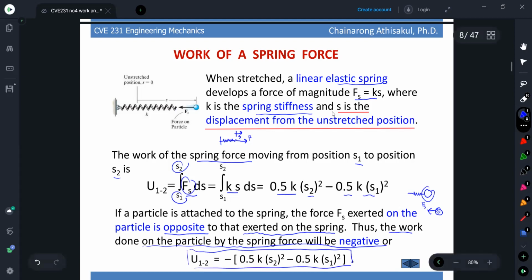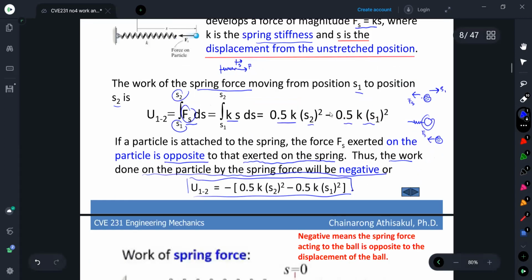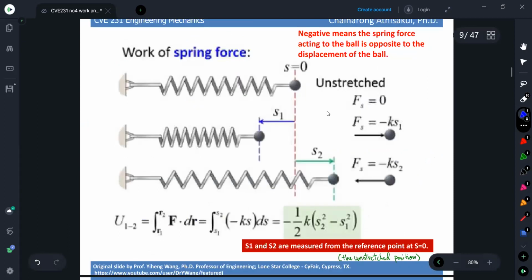When the particle moves in this direction, the spring force is always opposite to the displacement, so the work done on the particle is always negative in this case. If you consider this picture instead, we are considering the work of the spring on the particle.